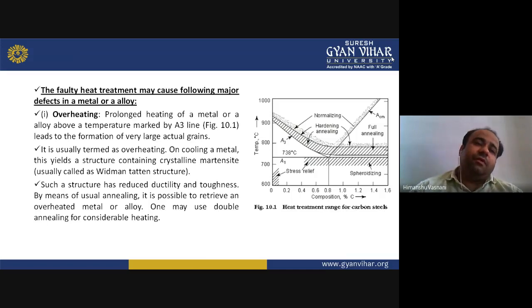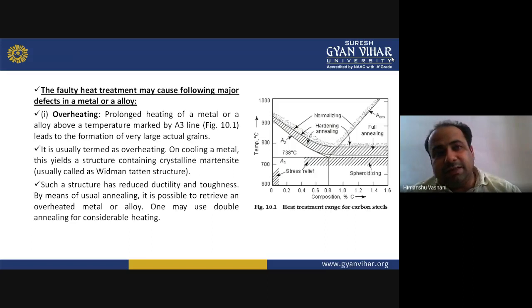But the heat treatment process may go wrong, or it may have some fault. The fault may be that the furnace is not showing the exact temperature, or due to some reason the temperature rises above the required temperature, or the temperature is not rising in the furnace.